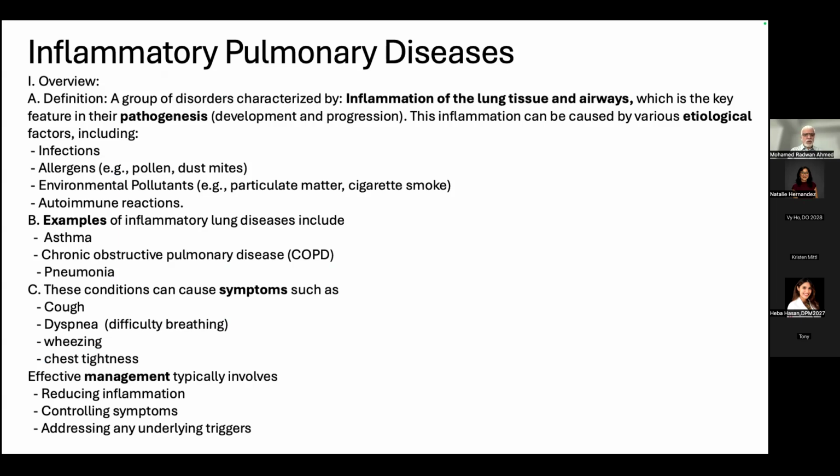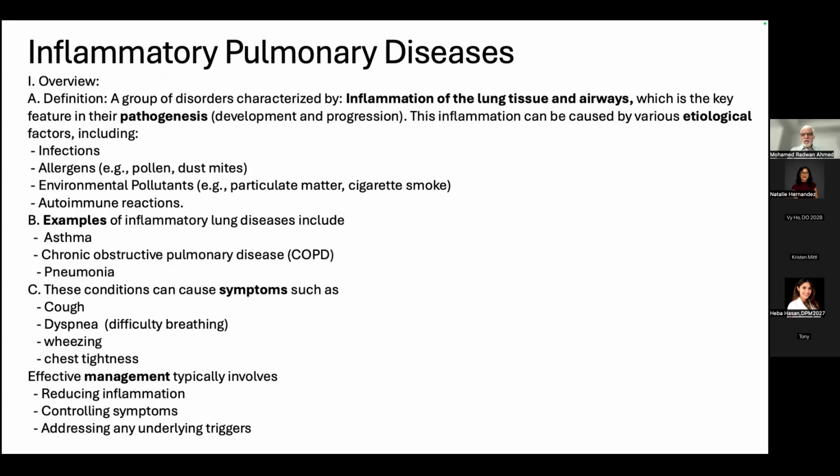As we talked about the etiologies, external and internal, we can talk about external here like infections, allergens, pollutants, and the autoimmune reaction for internal. So we have the external and internal causes of diseases represented here in the pulmonary inflammatory diseases.